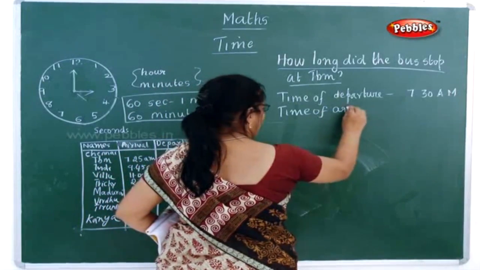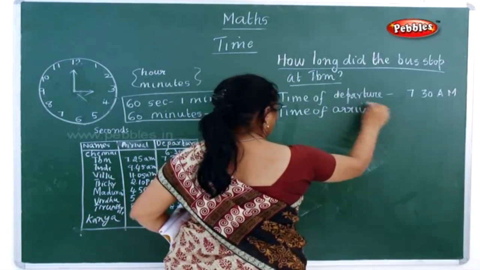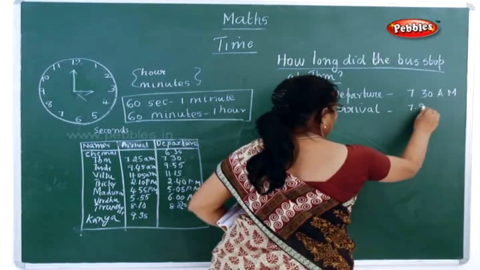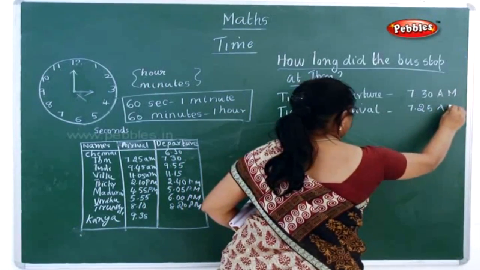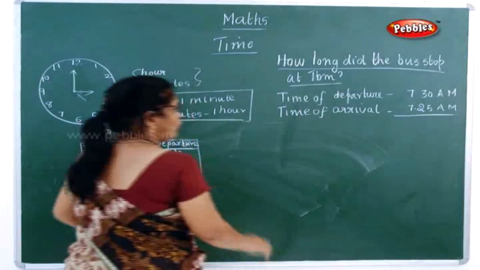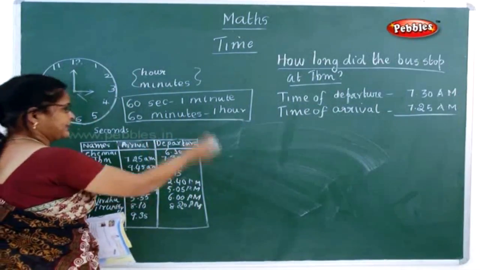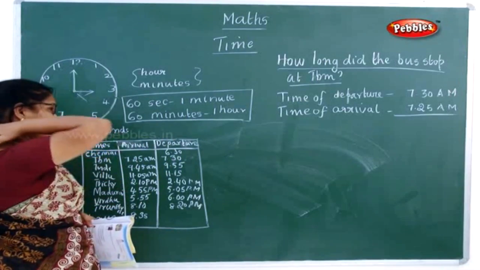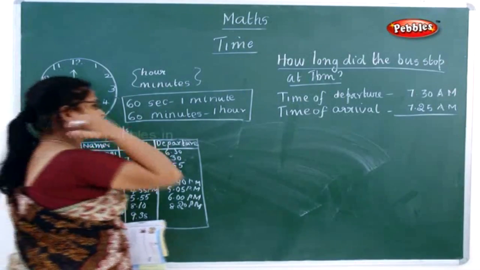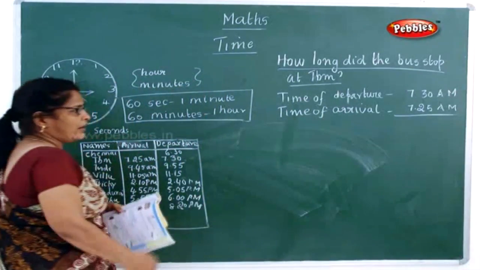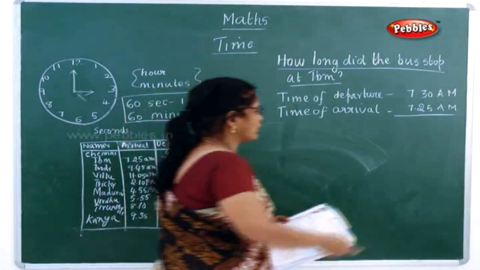It arrived at 7:25 a.m. Now what is the question they have asked? How long did the bus stop? So, arrived at 7:25 and departed 7:30. So, when you want to find out how long it waited, you have to write time of departure minus time of arrival.